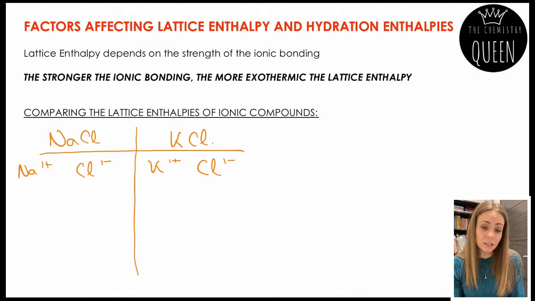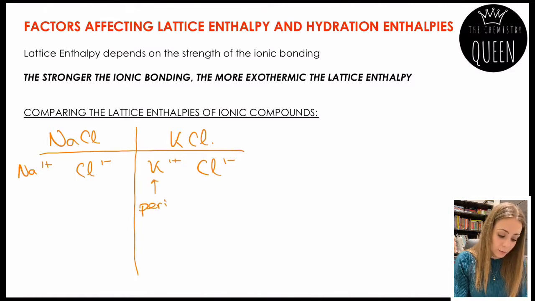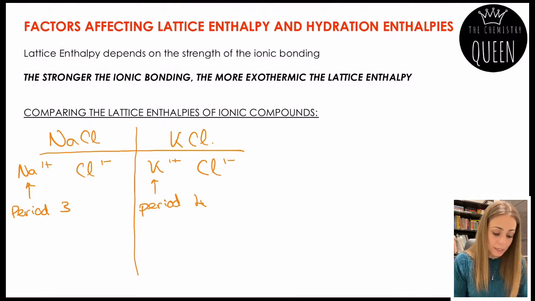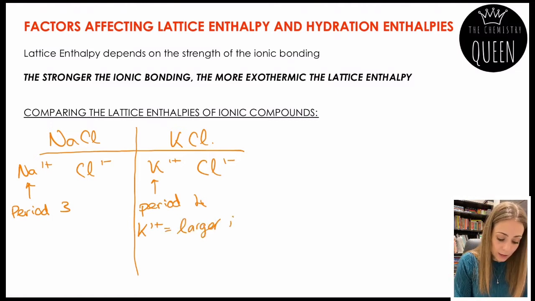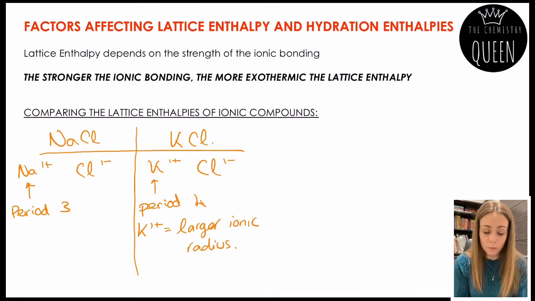However, the size of the ions is going to be different because potassium is in period 4 of the periodic table and sodium is in period 3. That means that potassium's ion is going to have one more electron shell compared to sodium. So potassium's ion is going to have a larger ionic radius compared to the sodium ion.